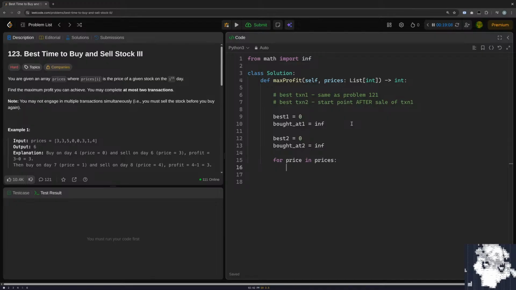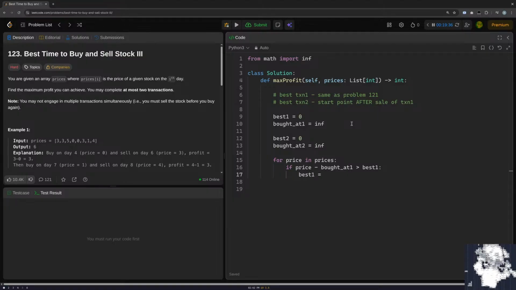Let's see. Okay, so for price in prices, if price minus bought at 1 is greater than best 1, then this is our new best.